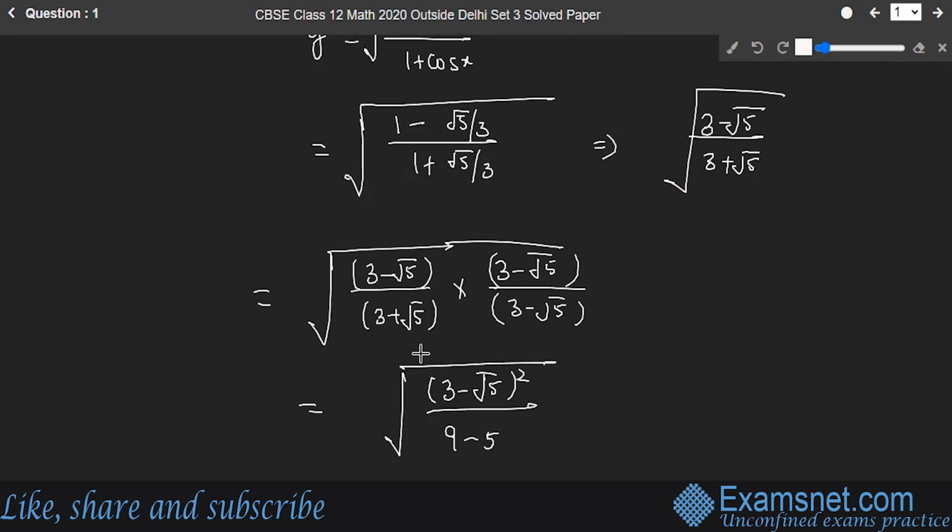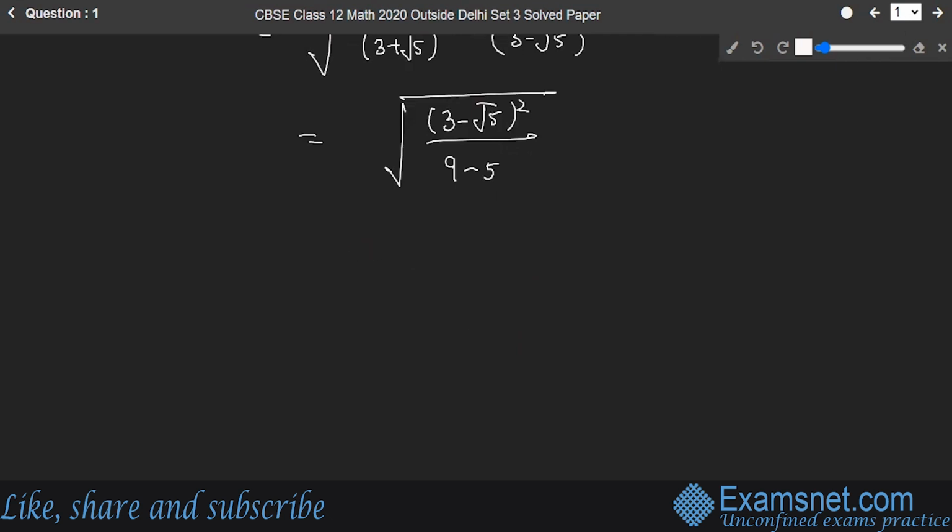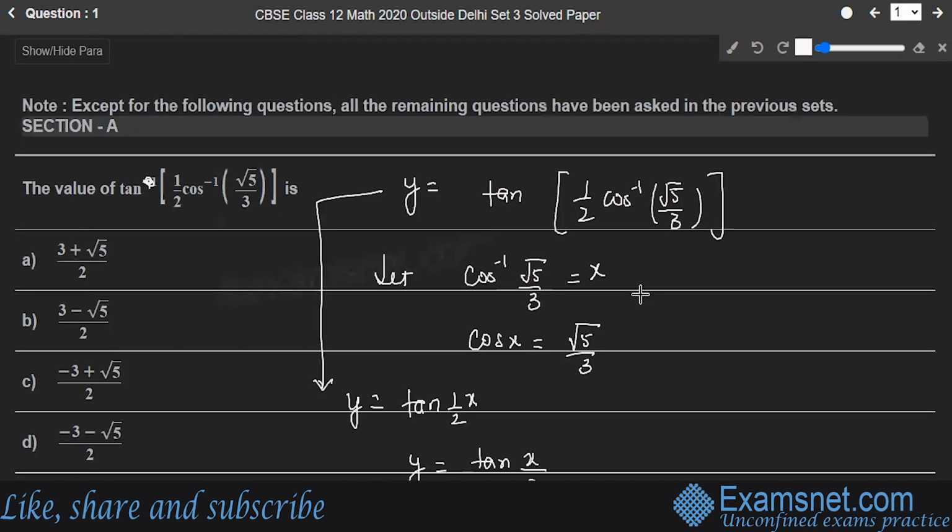Because I'm using the a plus b into a minus b, that's the a square minus b square formula over here. So that will be equal to 3 minus root 5 upon 2. This is the answer to the question, right? Let's check. You have option B as the correct answer. Hope you got that. Let's move to the next question number 2.